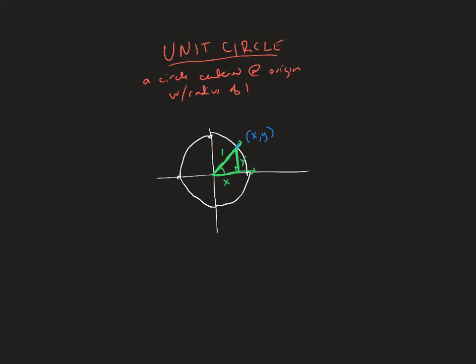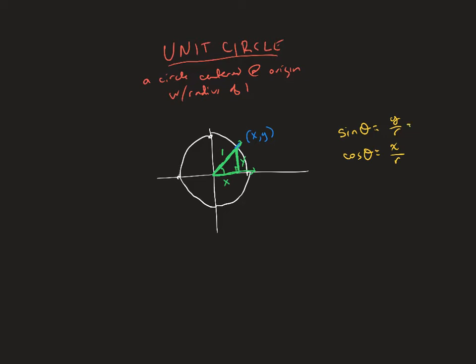Well, here's why. If I look at the ratios that I have for the sine of an angle and the cosine of an angle, the sine of an angle, if you remember, was the y value over the r, and the cosine was the x value over the r.